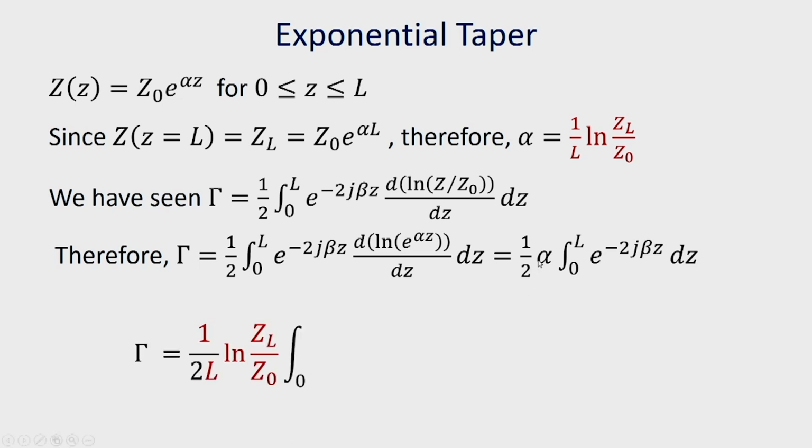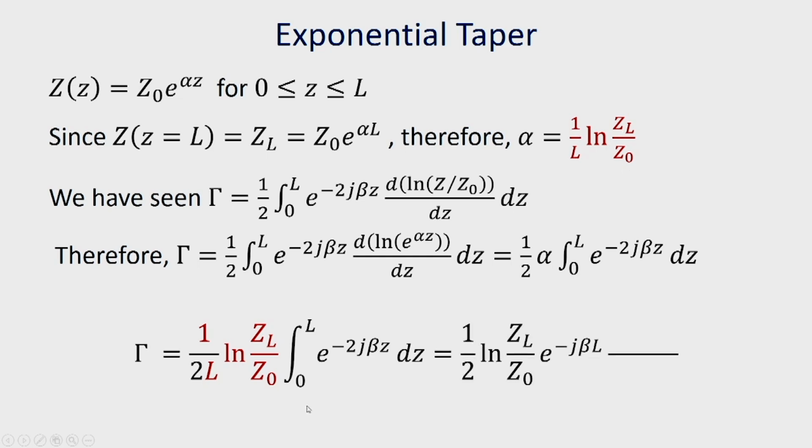Now, we substitute the expression for alpha from 1 by L log of capital Z L by Z naught, and then carry out this integration, then we get the final expression for the reflection coefficient gamma to be half log of Z L by Z naught e to the power minus j beta L sin beta L by beta L.